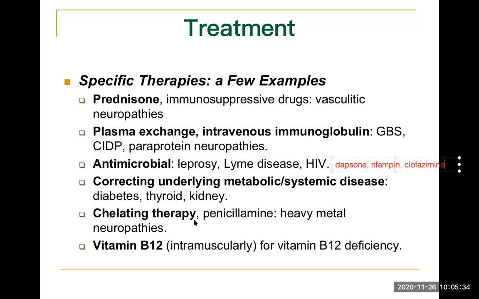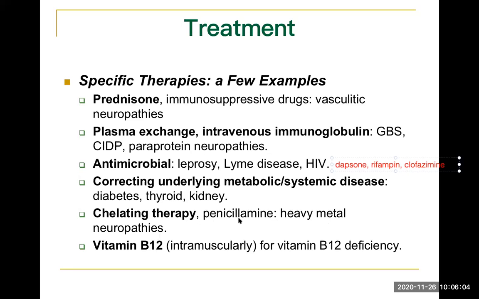Chelating therapy, like penicillamine, is used for heavy metal neuropathy. Penicillamine, remember that. Can you tell me some other examples of chelating drugs? Which other drugs are called chelating drugs? Anybody? Which are other examples? Desferoxamine. Very good. Excellent. One more I want.